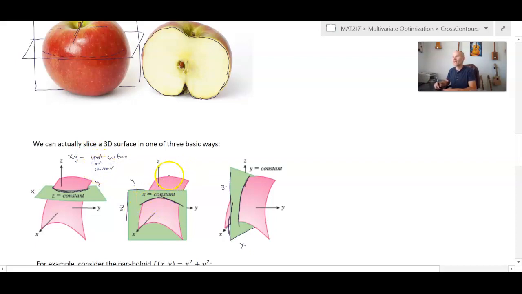Here we get a YZ cross-section, which we typically call an X cross-section. And here, when we hold Y constant, we're going to be looking at the XZ plane, and we often call this a Y cross-section. We're holding Y constant.